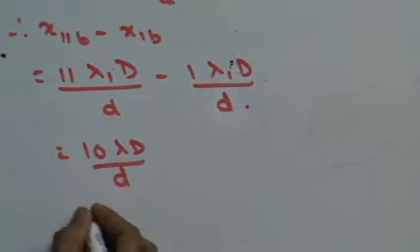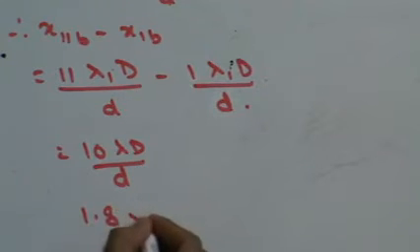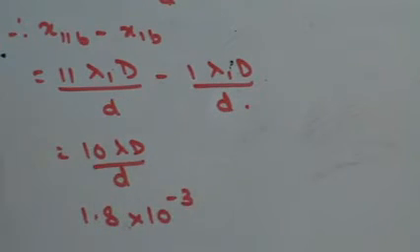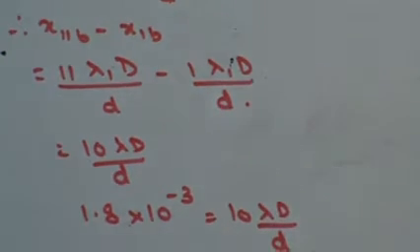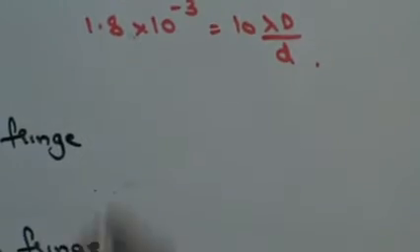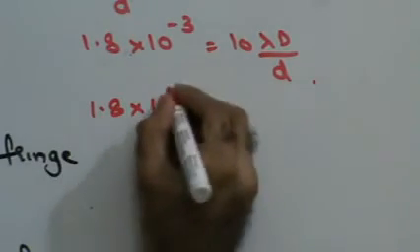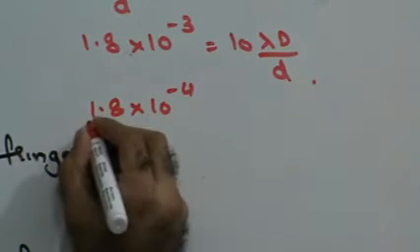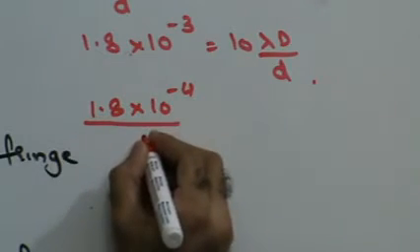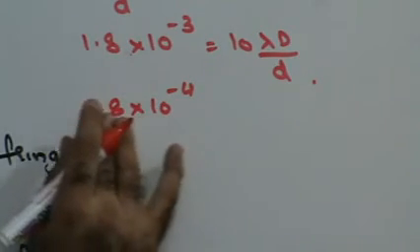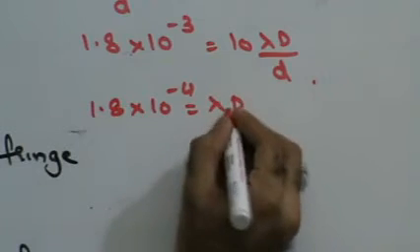That means I can say that 1.8 into 10 raised to minus 3 is equal to 10 lambda d by d, right? Take the 10 on the other side. So I can therefore say that 1.8 into 10 raised to minus 4 is equal to lambda d by d.